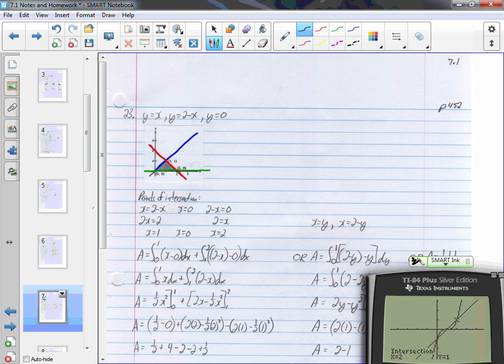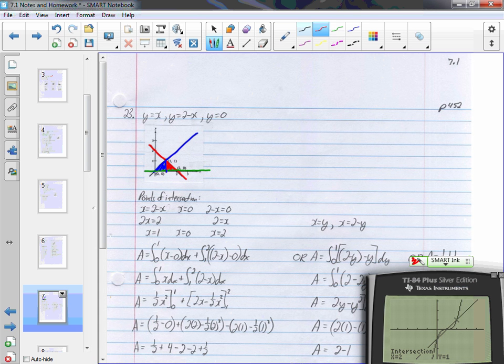So that's how we know that little shaded part is the region we're after. Okay? And here's the trouble: for a while, the region is bounded with the blue graph on top, and then for a while, the region is bounded with the red graph on top. So we're going to have to work this as two separate integrals. We'll need to find the blue area, then the red area. Okay? Does that make sense?